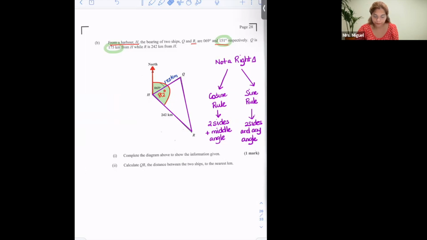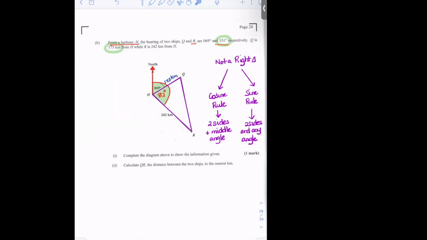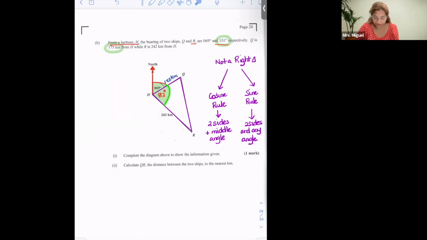Now, do we have this side, we have this side, we want to find QR. Do we have the angle in between the two sides? Yes, miss. So with that information, Amrita, which of the two rules am I going to choose?